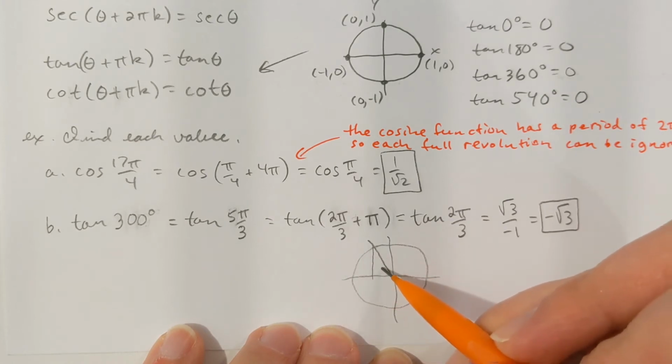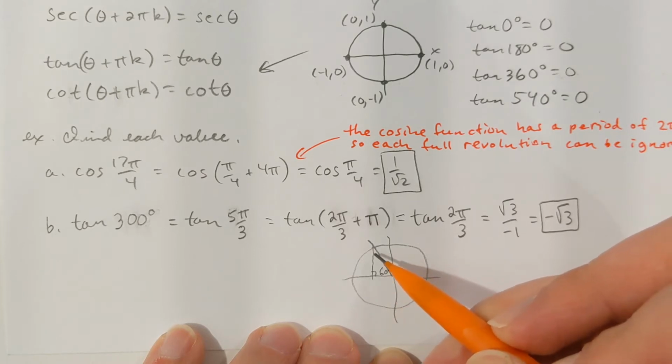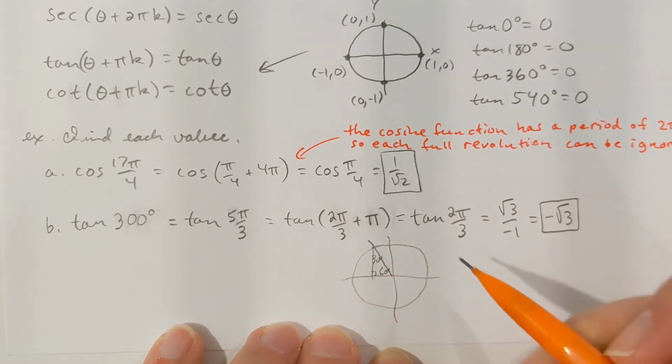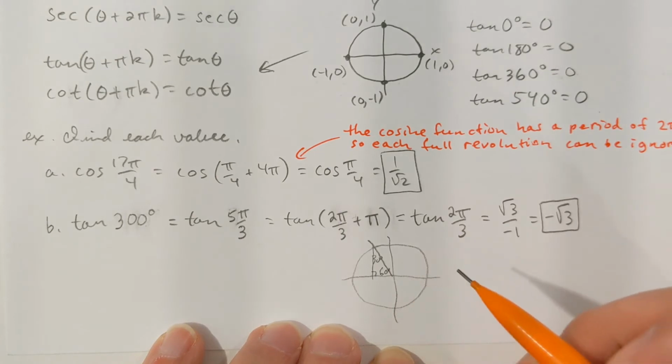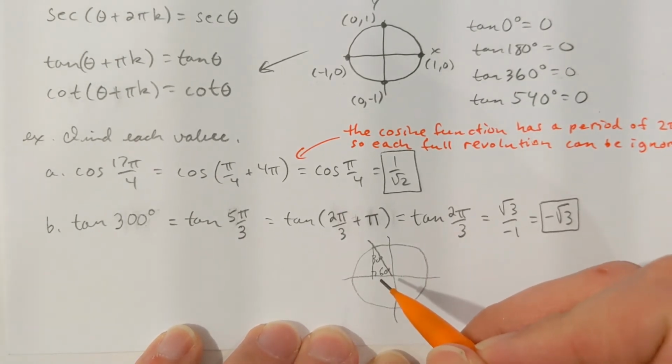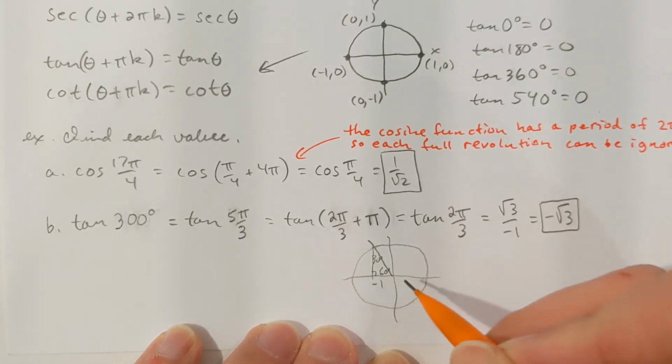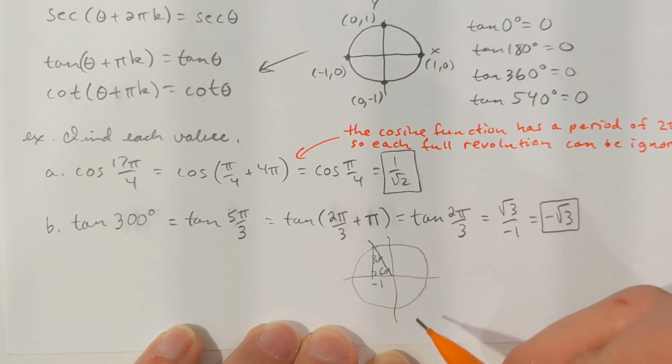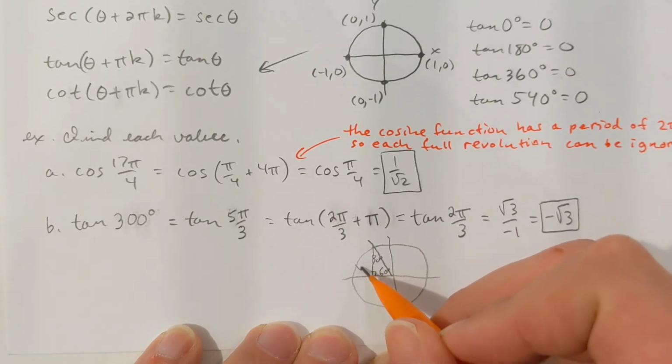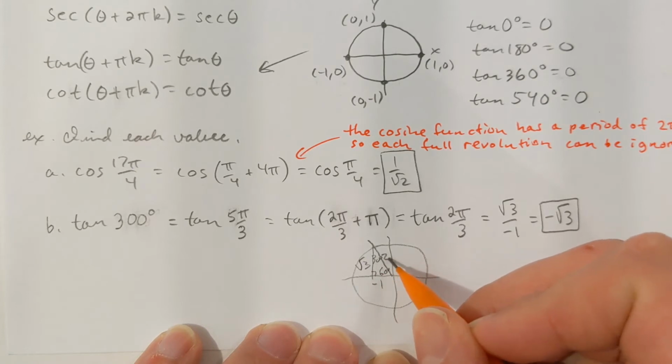And this is going to form a 60 degree angle there, building my 30, 60, 90 right triangle. Opposite the 30 is 1, although that's going to be a negative 1 since you're going to the left of the center. Opposite the 60 is root 3, and then opposite the 90 is 2.